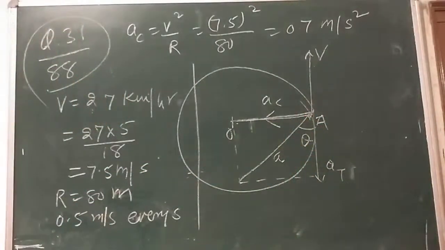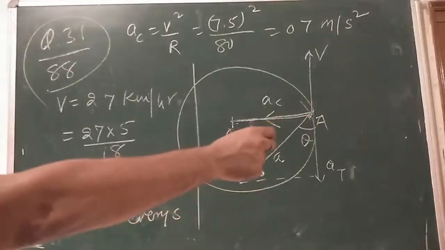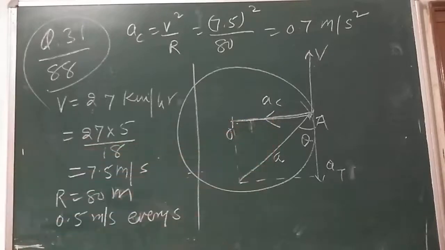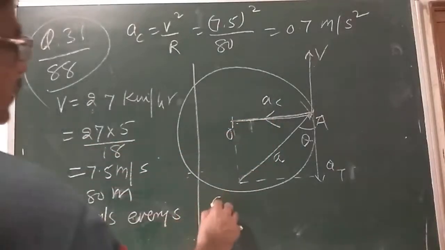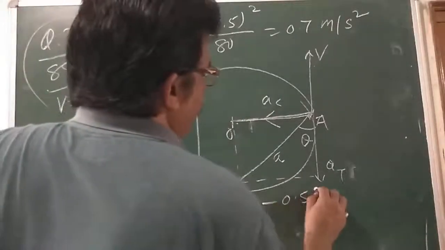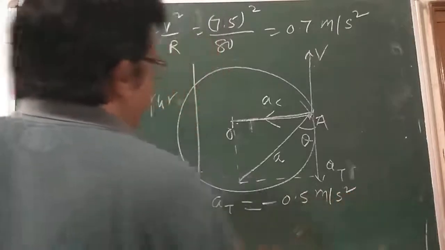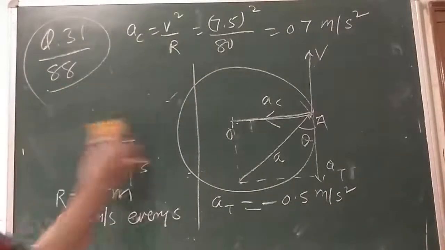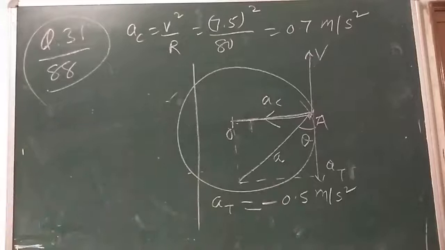So the retardation produced due to the brakes, AT, would be 0.5 meter per second every second, so that is 0.5 meter per second square. This is given. So the total acceleration is given by.